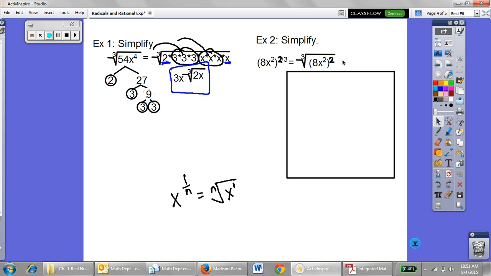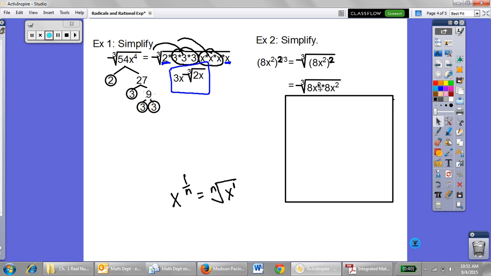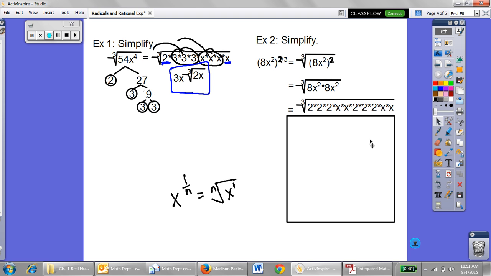Let's go ahead and simplify. So 8x squared, the entire part squared, we can write this way: 8x squared twice. So now simplify to the 4. The number 8 here is 2 times 2 times 2. And 8 is also 2 times 2 times 2, writing all the x's. Now remember, we're in cube root, so we're looking for a group of 3.